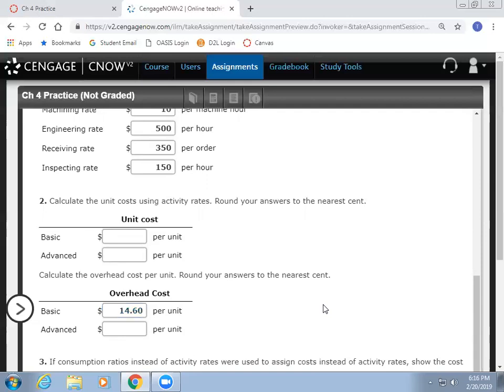Okay. Well, they also wanted us to calculate the total unit cost. Well, they give us the prime cost. So I could truly just take my prime cost of $8 million plus my overhead of 1,460,000 and divide that by 100,000 to get my total unit cost. Okay.